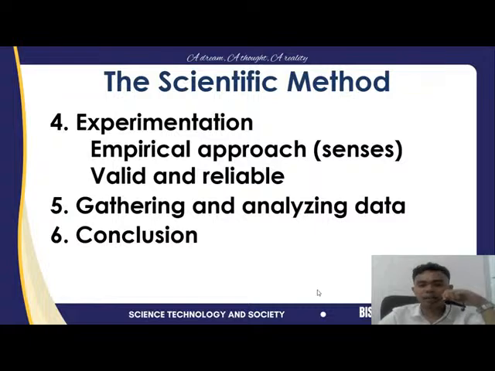Okay, we have the next step, which is the publish. We need to communicate the result of our study, of our experiment. In the publication, that's the time that you would share your study with other people, towards the society.